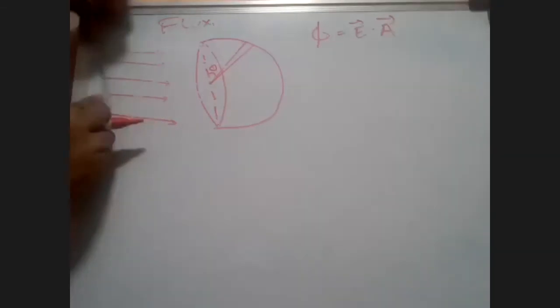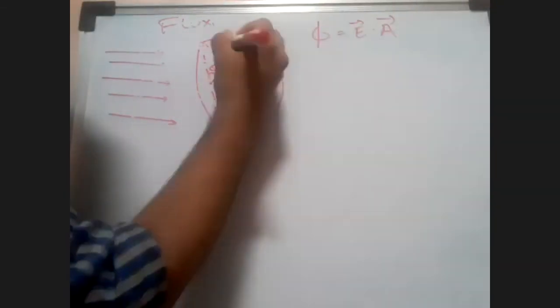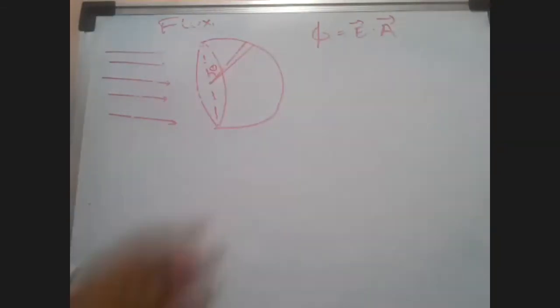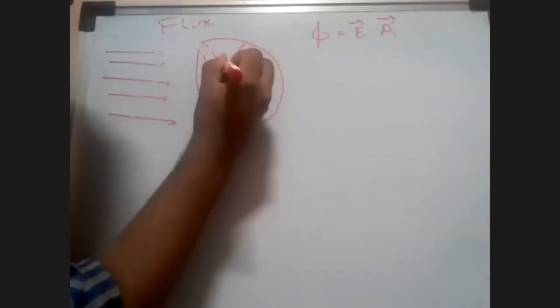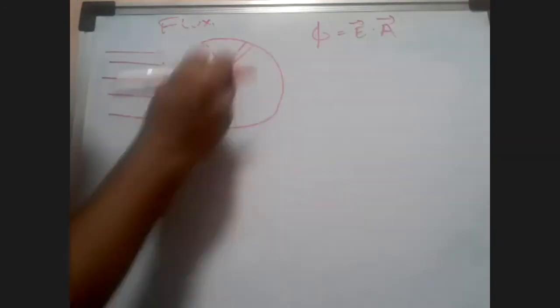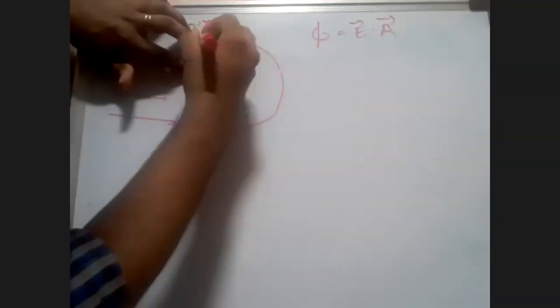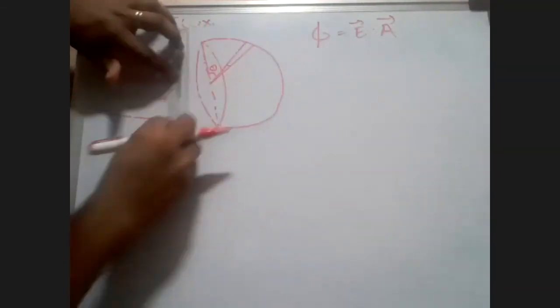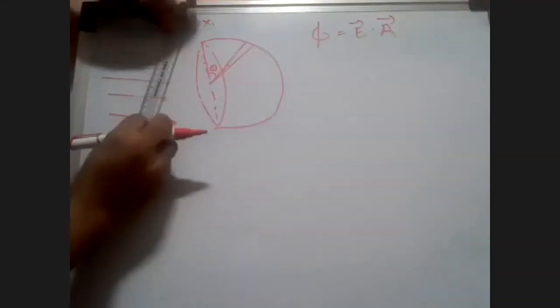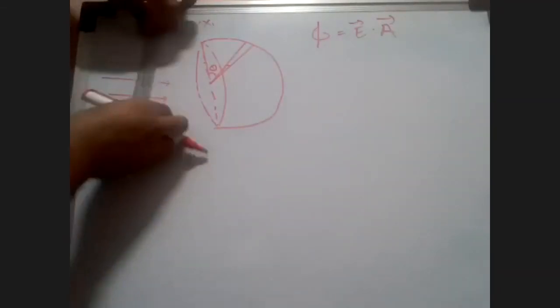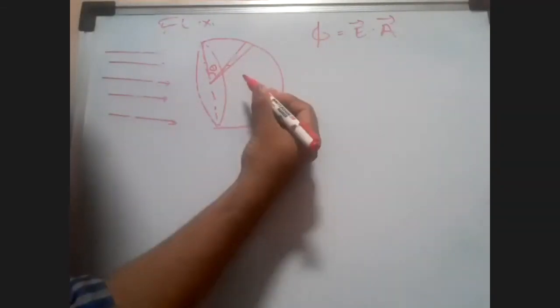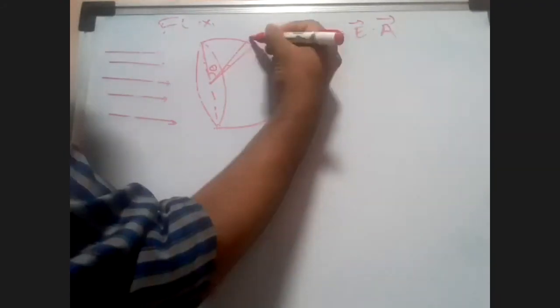I won't write it, just imagine this. If this is theta, this is going to be d theta. Is this visible? D theta. Okay, I'll write it here like this.